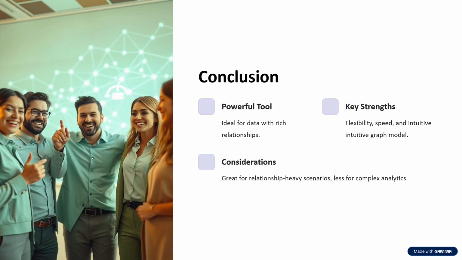Then what we covered: Neo4j is a powerful tool, and it is best when working with data that has lots of connections and relationships, like social networks or recommendation systems. As key strengths, it offers flexibility, is very fast, and makes it easy to see how data is linked through its graph model.